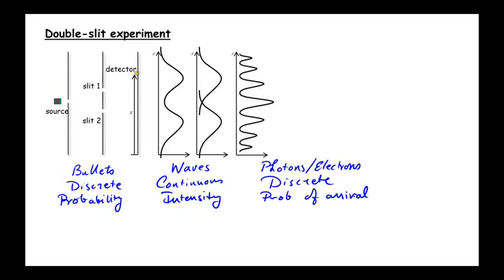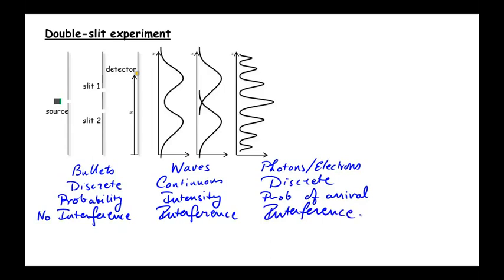In the case of bullets, when we had both slits open, we saw no interference. In the case of waves, we saw interference. In the case of photons and electrons, we again have interference. And this is the funny thing.